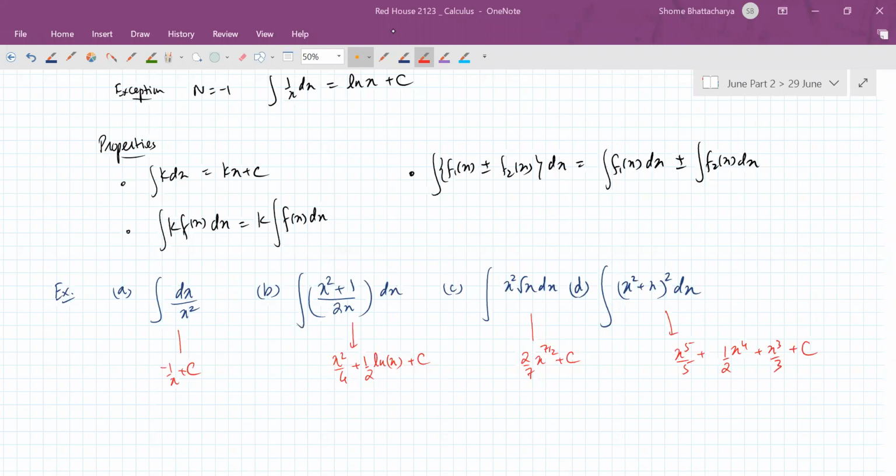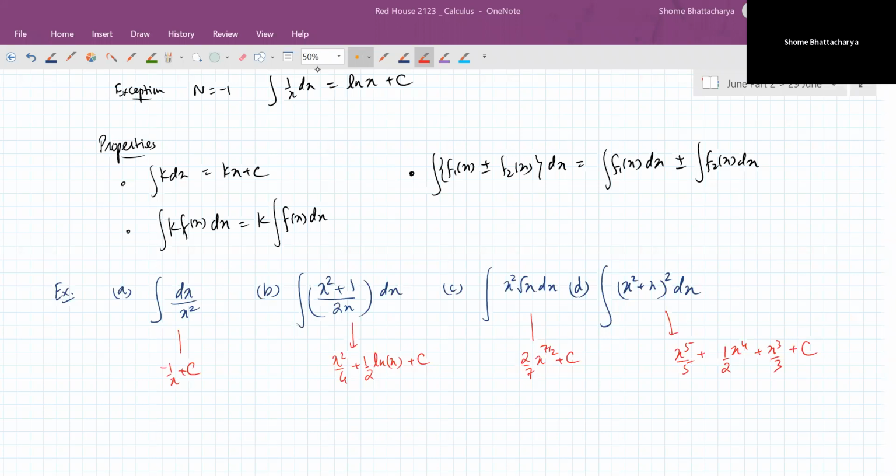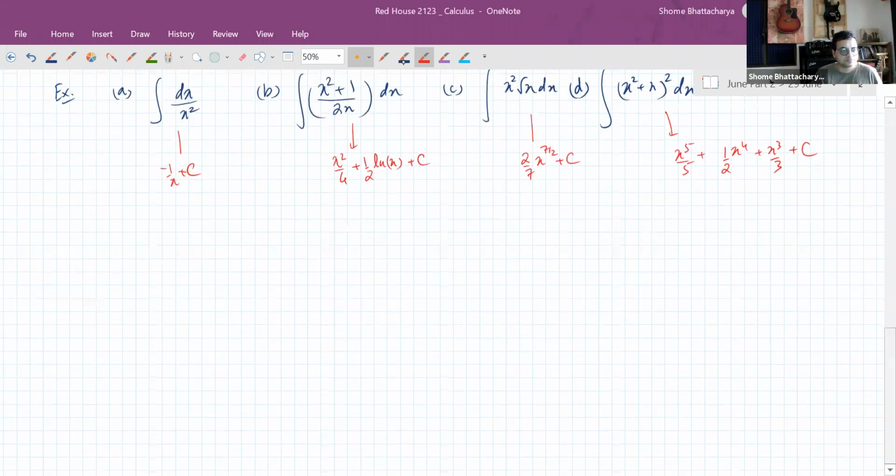Okay, so let's verify the steps for each of these questions now. You have to be able to apply these steps, and basically the steps come from the properties and the basic formula that we've seen above.